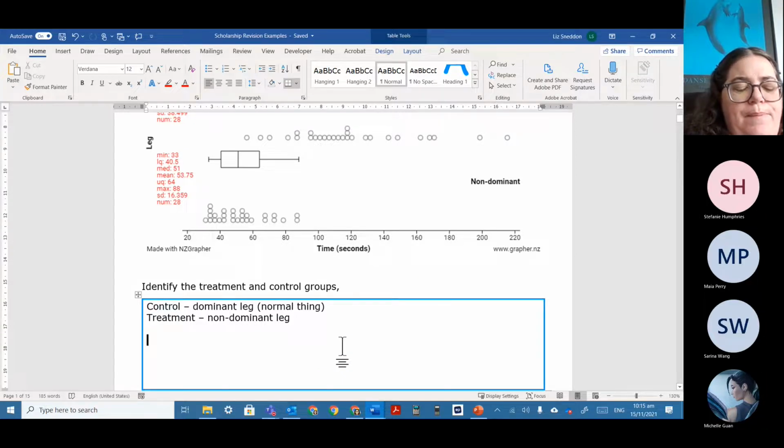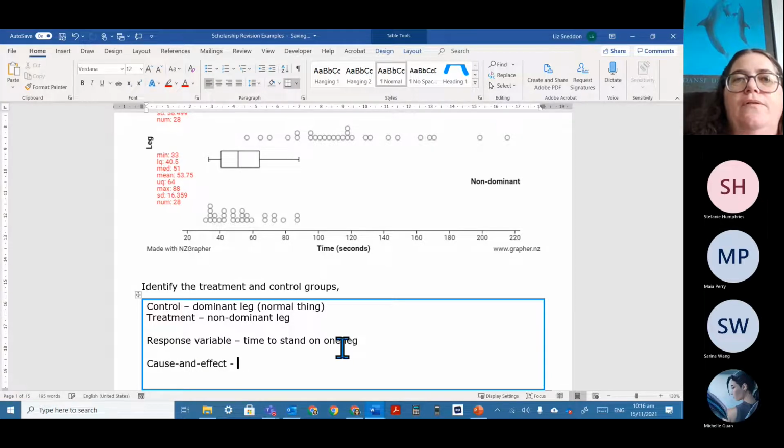So have a think about, we know our response variable in this case will be the time to stand on one leg. And if I think about what the cause and effect issue would be, talking about which leg you're standing on. Does that cause there to be a difference in the time you can stand on that leg?